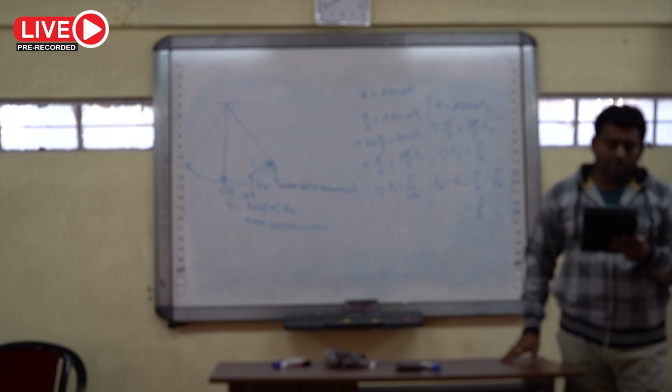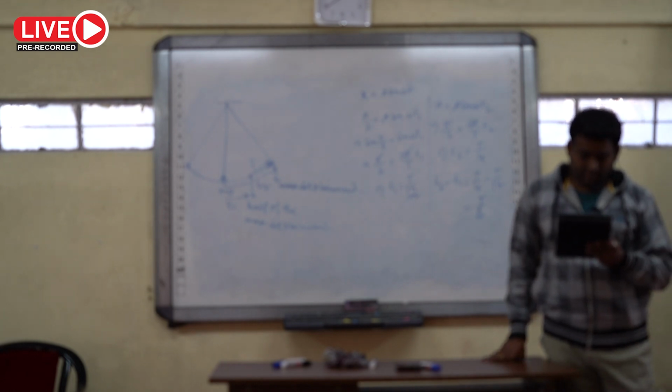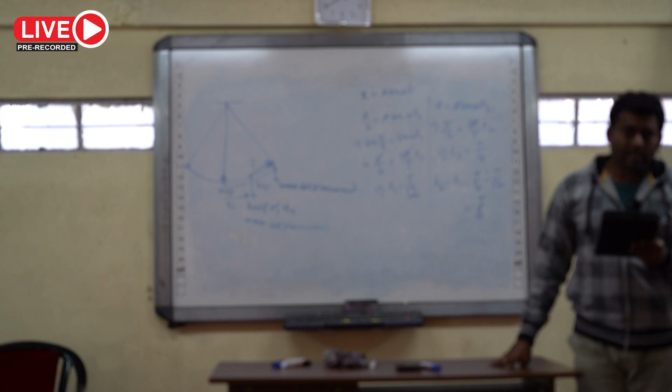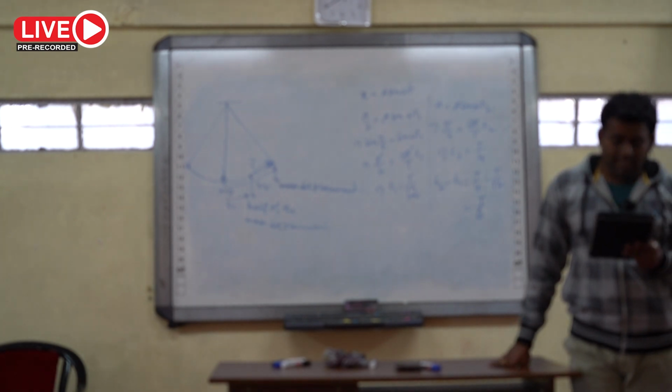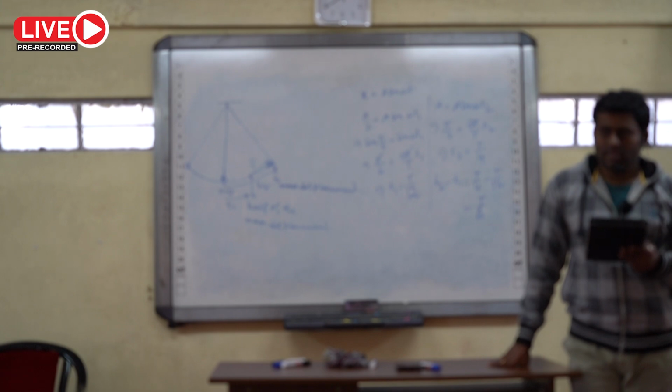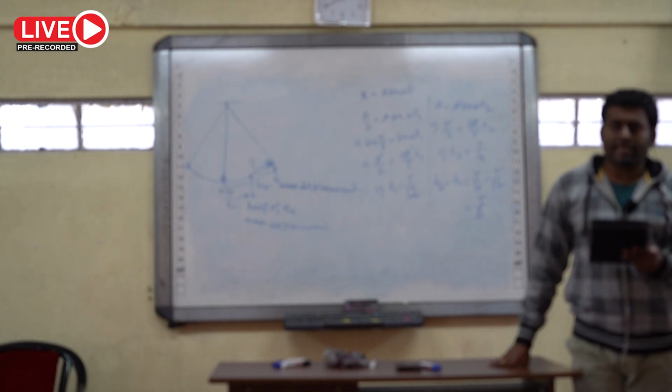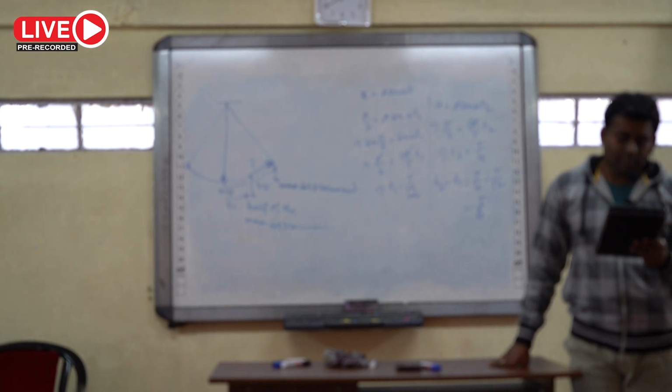Write down question number 15. The amplitude of a particle executing SHM is 4 cm.